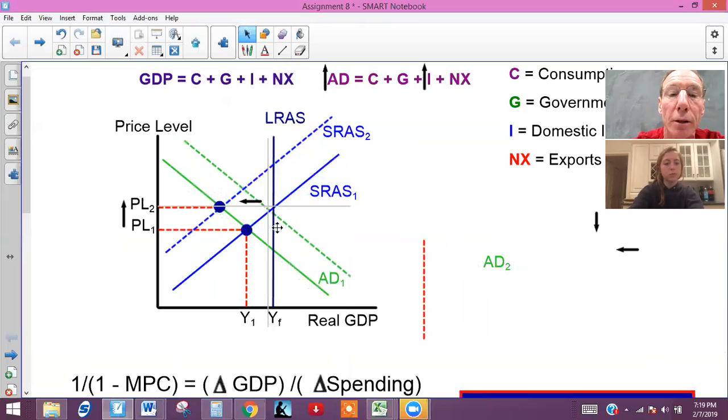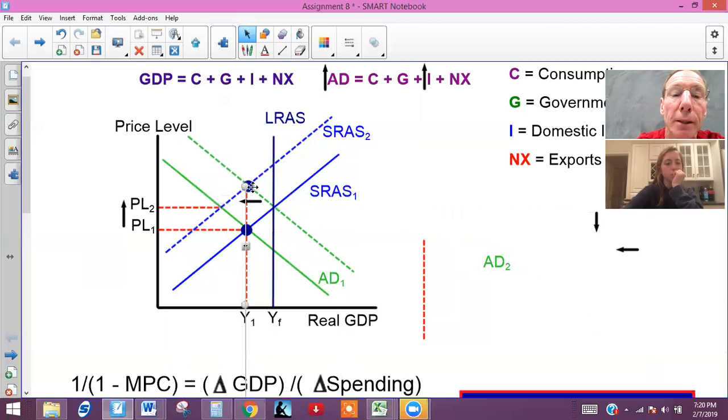So if aggregate demand shifts to the right the same amount as short-run aggregate supply shifted to the left, we're going to end up with the same real GDP right here.